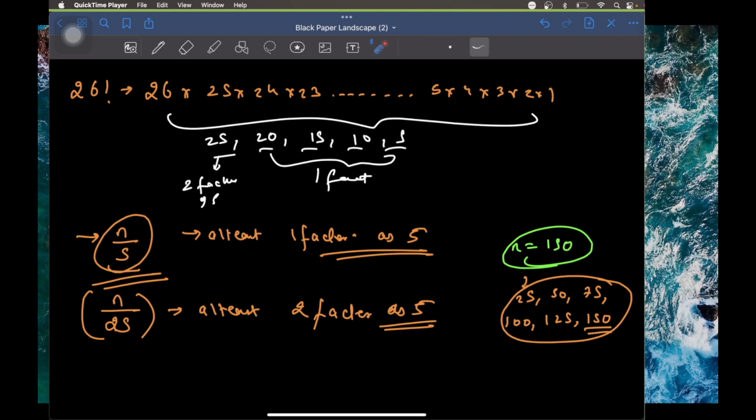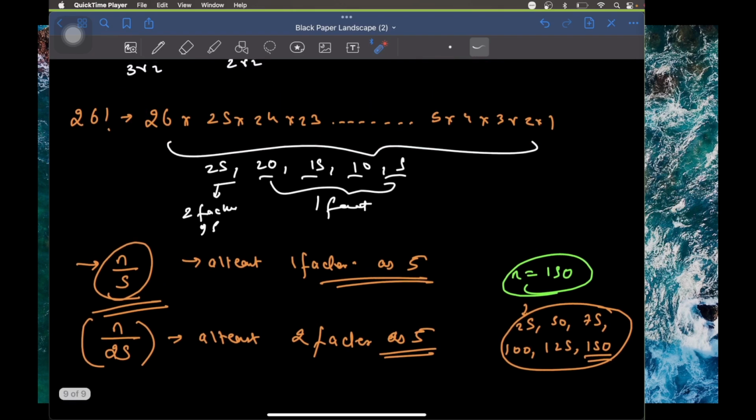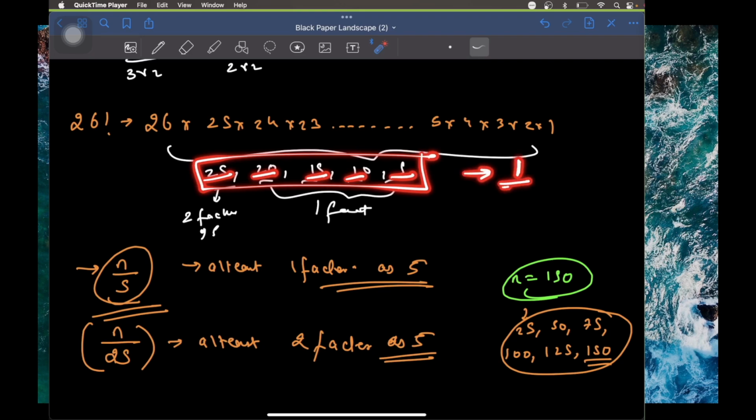Can I say that? So my point being that when you are doing factorial, let's say 26 factorial, there was 25, 20, 15, 10, 5. All these numbers were able to give at least one contribution of 5. If they are able to give one contribution of 5, then technically at least 5 pairs of 5 into 2 we can make.